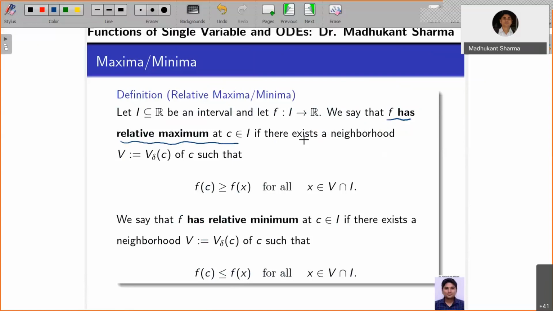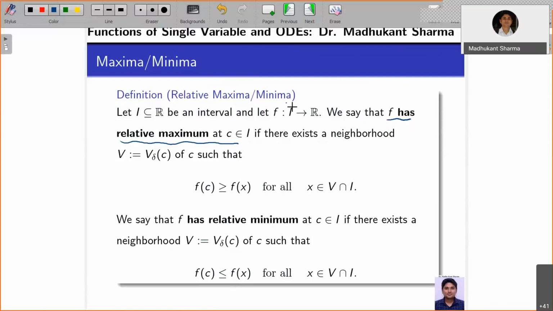The function is defined on the interval A, and we are trying to find a point x star in A so that f of x star is greater than or equal to f of x for every x in A. Similarly, for the absolute minimum, f lies completely to one side of all the values of f of x.